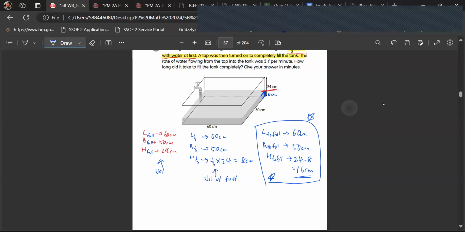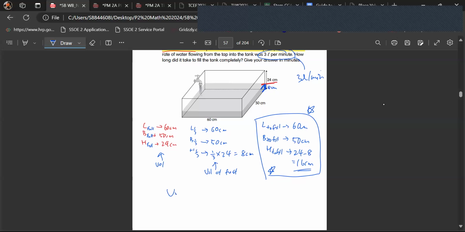So I have the rate that's given. The rate is 3 liters per minute. So the volume that is required is here: 60 centimeter times 50 centimeter times 16 centimeter. This is the volume to fill.